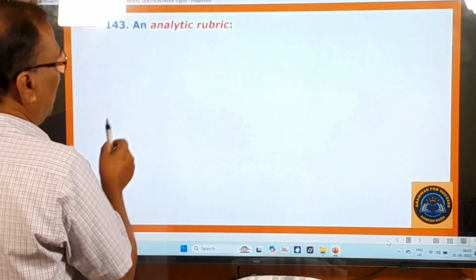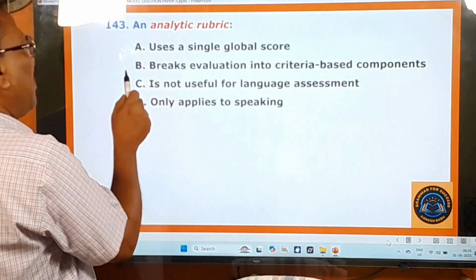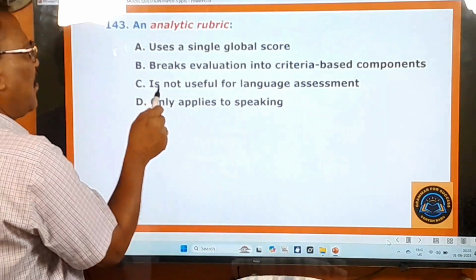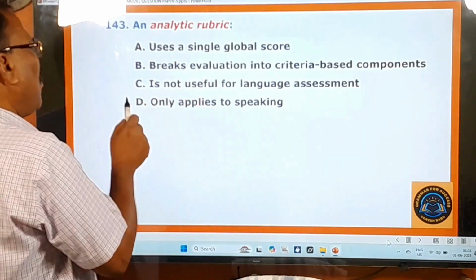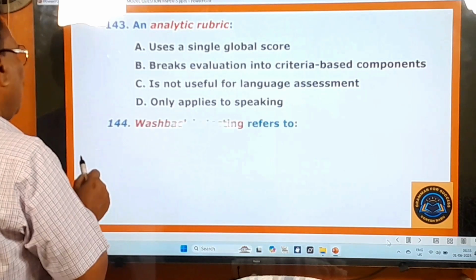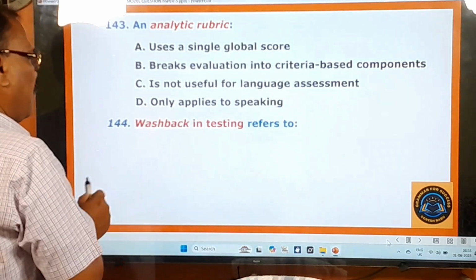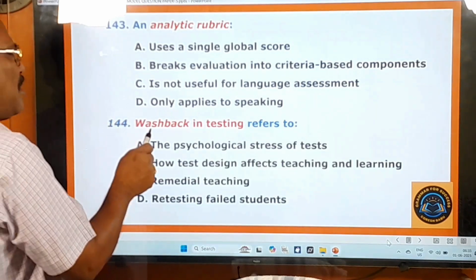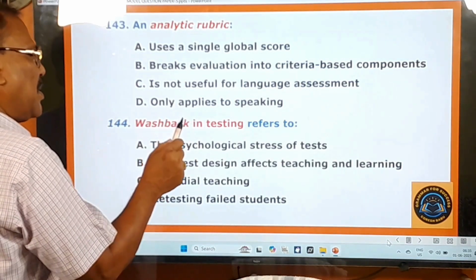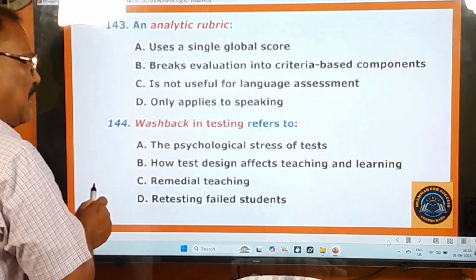An analytic rubric uses a single global score, breaks evaluation into criteria-based components, is not useful for language assessment, only applies to speaking. 144th question. Washback in testing refers to the psychological stress of tests, how test design affects teaching and learning, remedial teaching, retesting failed students.